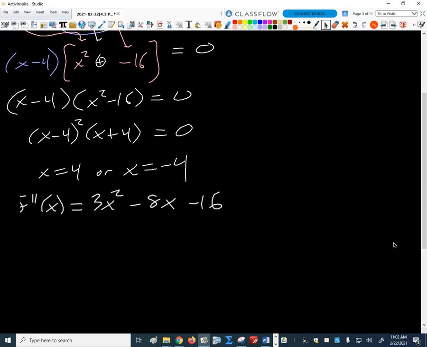How are we going to find zeros on this one? What do you recommend? Got a quadratic equation, right? Probably just factor this one. Okay, we could try to factor this. We could see if we get magic numbers, right? So let's see if that works.